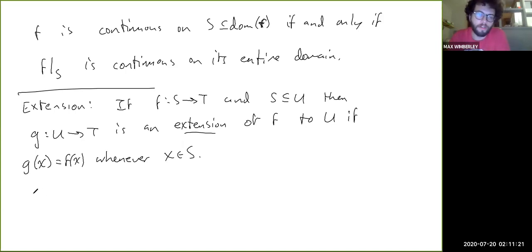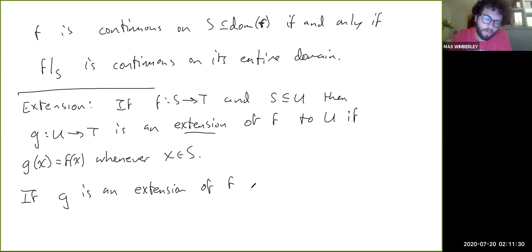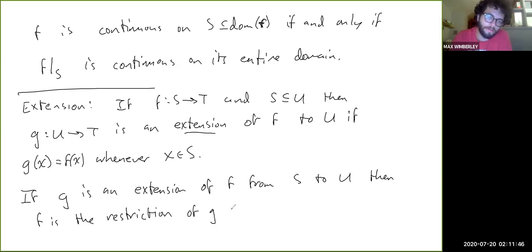So of course, if G is an extension of f from S to U, then f is the restriction of G from U to S, right? That should be hopefully fairly clear.